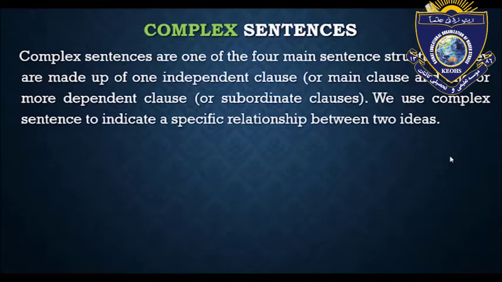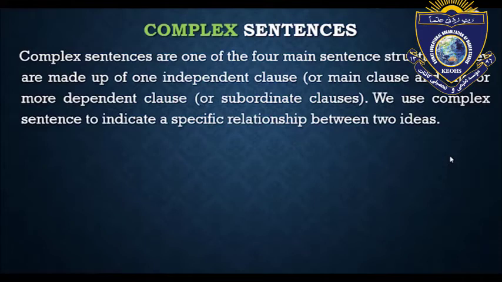We will discuss the independent clause later, but now let's move to what a dependent clause is. A dependent clause, also known as a subordinate clause, is a clause that relies on the information of an independent clause to form a complete logical thought.